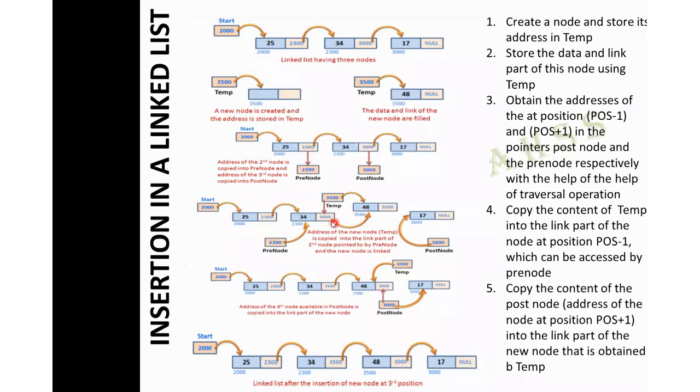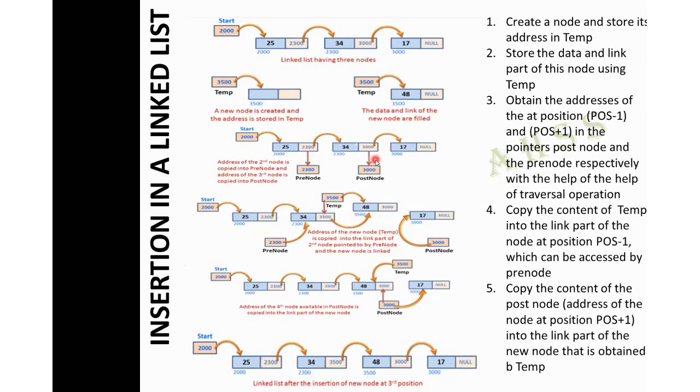Where should 3500 come? In the node part of 34. But in the address part of 34, what value do we actually have? It is 3000. So we have to replace 3000.